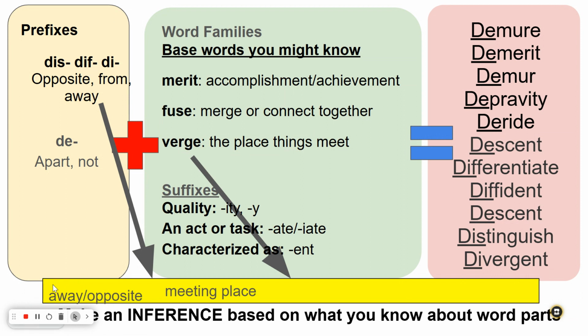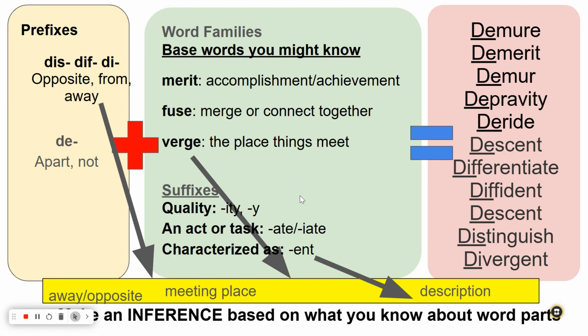So we've got the away or the opposite of a meeting place, and your suffix ent means it's a description. Doesn't mean that the word description is in the definition. It just means your definition indicates that something is a description, like different or absent. These are all descriptions.